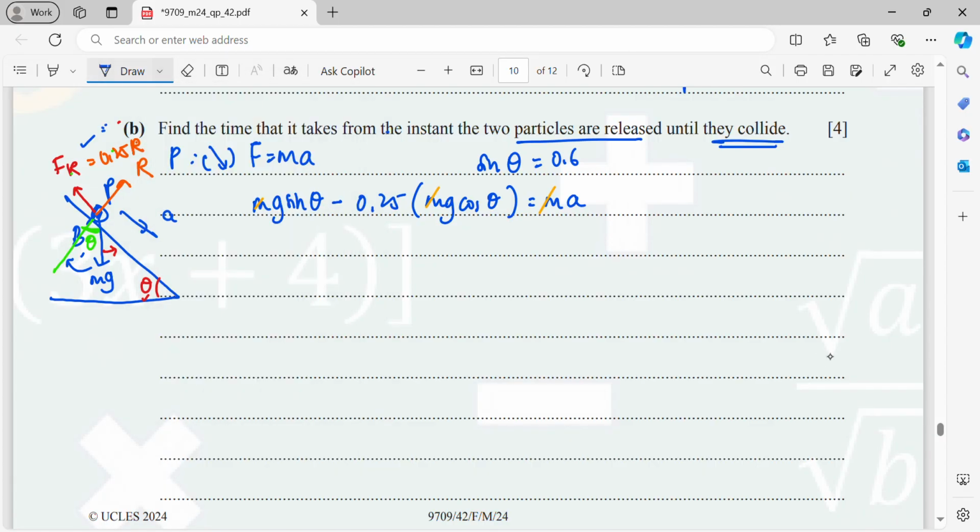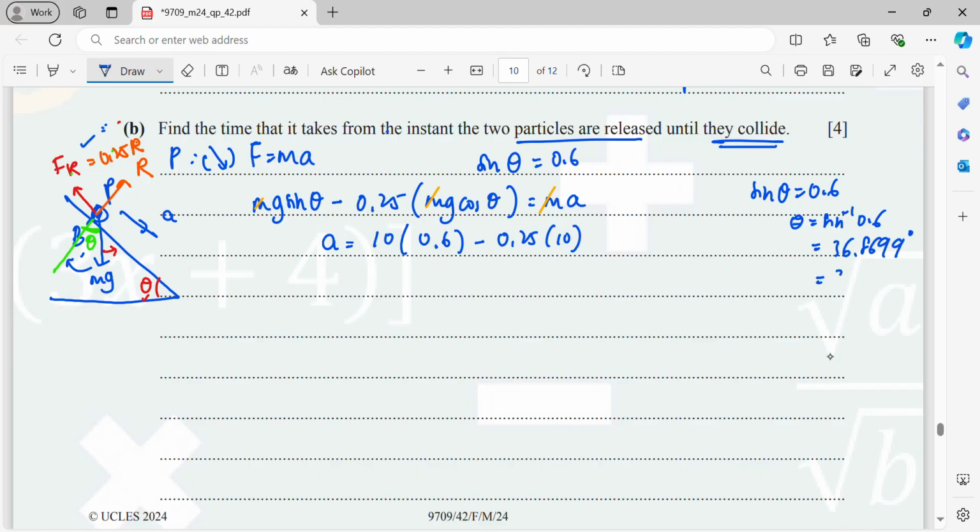Now from here, all my m will be cancelled off. Then I will be getting my a as g sine theta, g is 10, sine theta is 0.6, minus 0.25, g is 10, cos theta. Okay, now look here. Sine theta is 0.6, so theta is inverse sine 0.6, that is 36.8699 degrees.